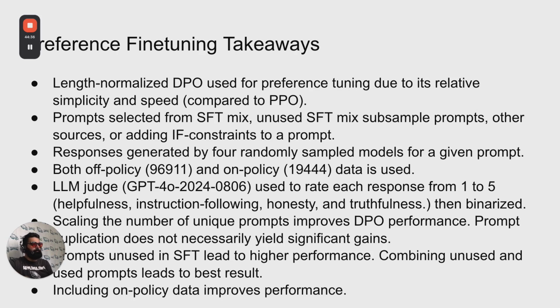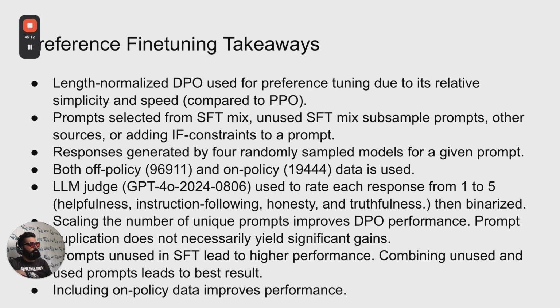For each prompt, they generate 4 responses from 4 randomly sampled models. They use both off-policy and on-policy data. So they use the Tulu 3 SFT, that's on-policy, and then they use other models that are off-policy. For those 4 responses per prompt, the LLM judge rates each response from 1 to 5 across helpfulness, instruction following, honesty, and truthfulness categories, and then they binarize that to get pairwise chosen rejected pairs.